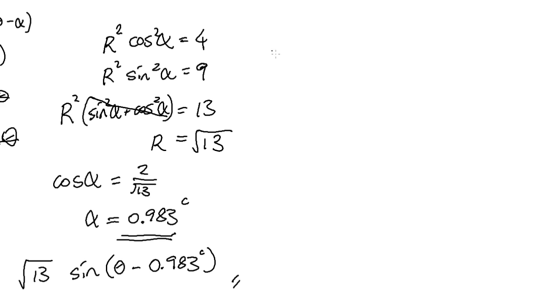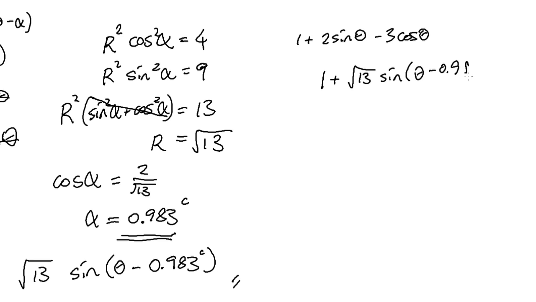Now write down the greatest value for 1 plus 2 sine theta minus 3 cos theta. The greatest and the smallest of this value is literally the same as 1 plus root 13 sine of theta minus 0.983 radians, because we have done so previously.